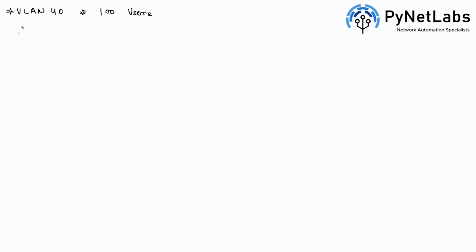That means I'll be using 2 raised to the power 7, which gives me 128. Now 128 is the number of hosts which I'll be taking in this particular subnet. If my host bits are 7, then automatically my network bits are 32 minus 7, which is 25.